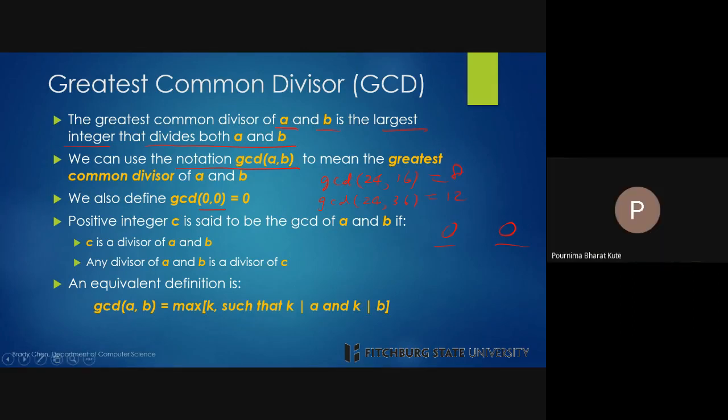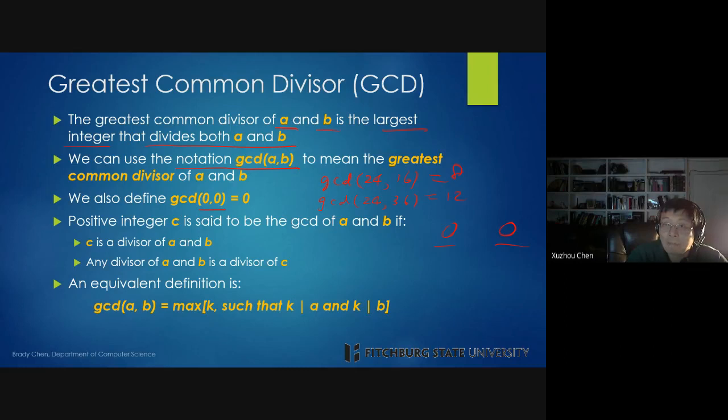Can we say 0? Yeah, 0 is a common divisor. Yes. 0 is a common divisor for 0.